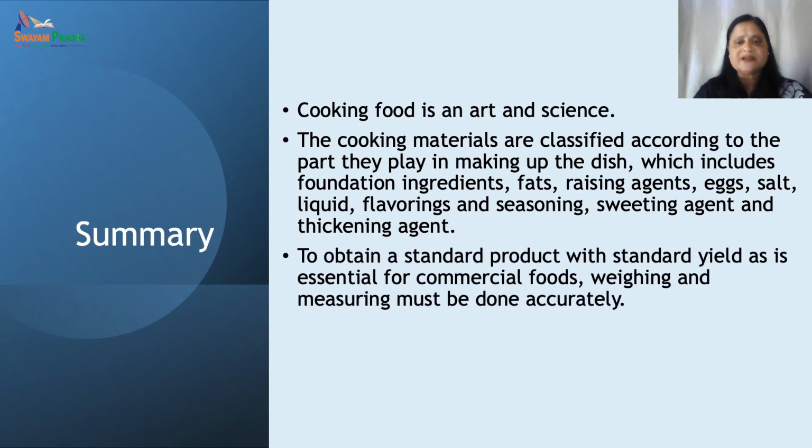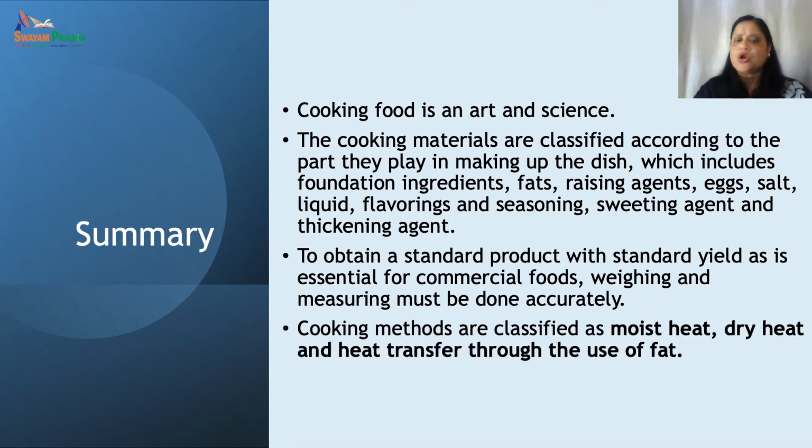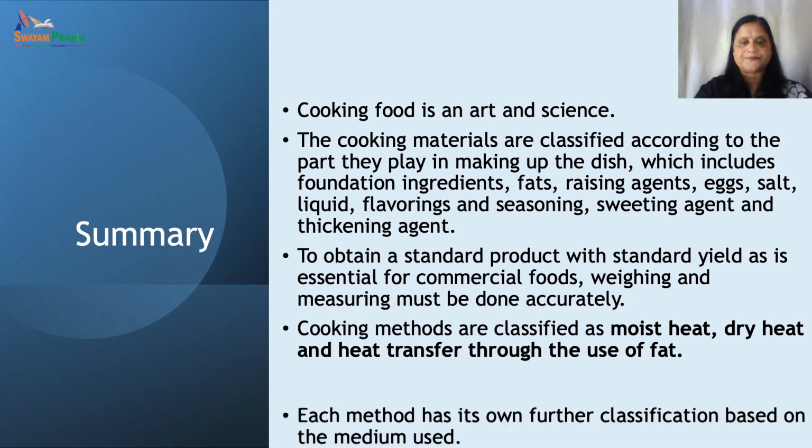To obtain a standard product with standard yield, as is essential for commercial foods, weighing and measuring must be done accurately. Cooking methods are classified as moist heat, dry heat, and heat transfer through the use of fat.